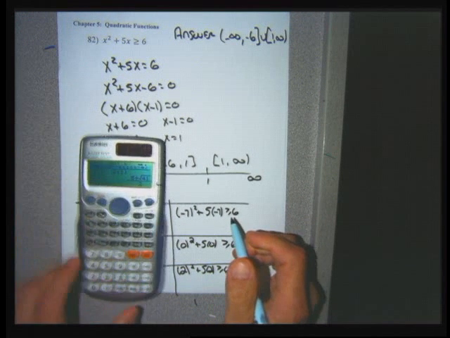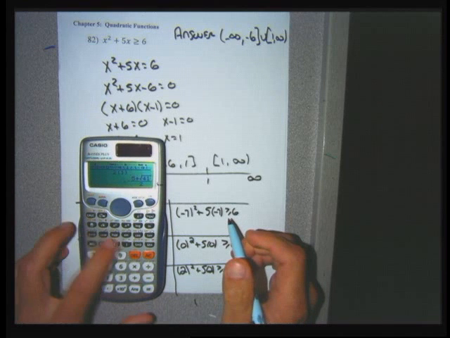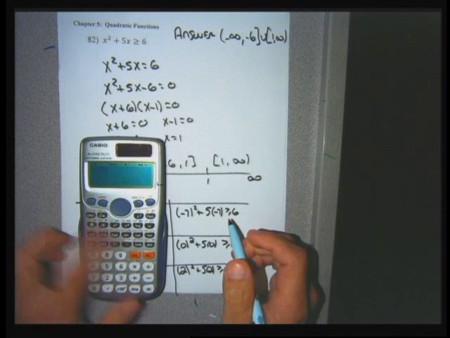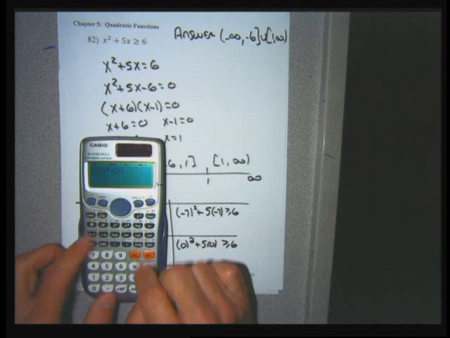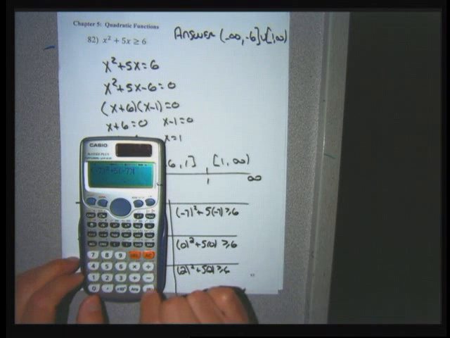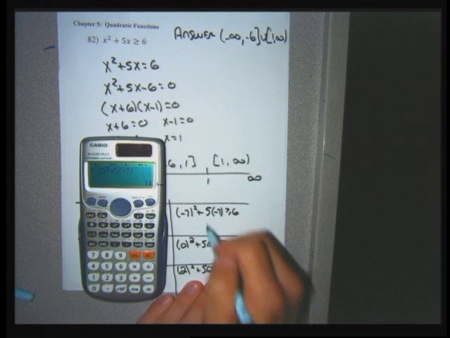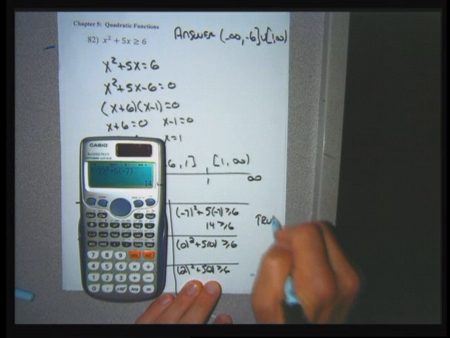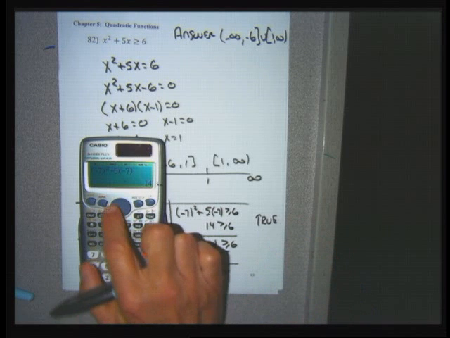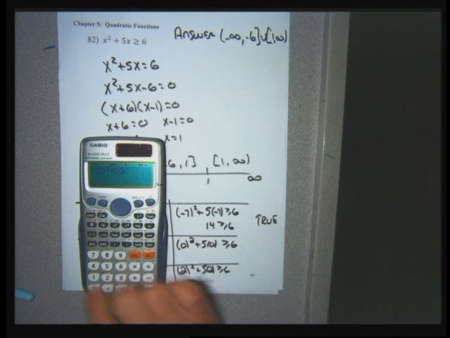So first one, parentheses, negative 7 squared plus 5 times negative 7. That gives me 14. And 14 is bigger than 6, so this one picks up a true. Now I'm going to change those 7's to zeros.